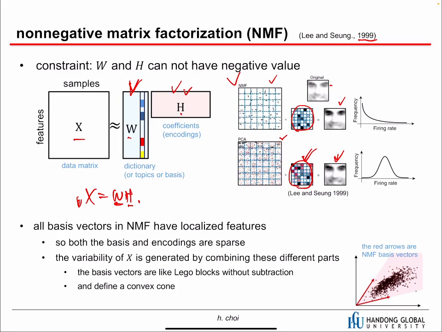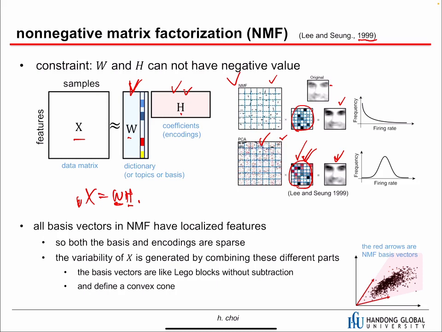So when we look at these NMF basis vectors, these are sparse and localized because we don't have subtraction in this equation. In PCA, we can have negative values in the basis vectors. We can have negative coefficients. Okay, so we can have subtraction here. But in NMF, we don't have any subtraction.